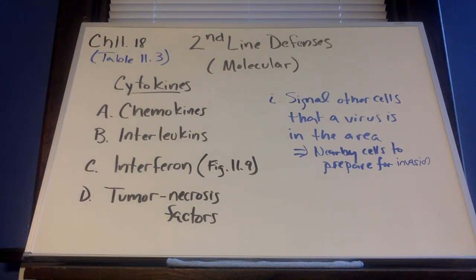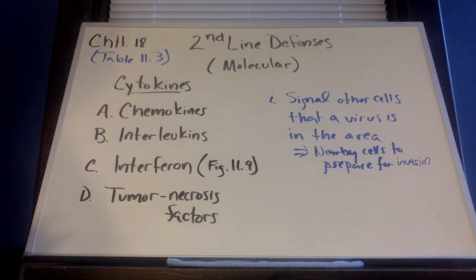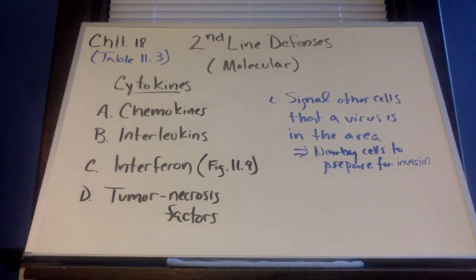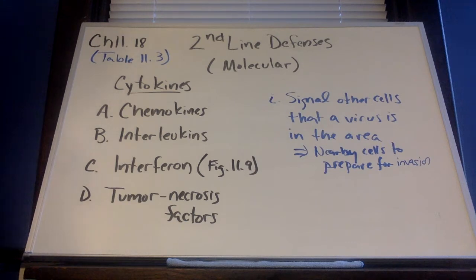It has released an interferon that has been picked up by a nearby cell, and that nearby cell is making molecules that will prevent protein synthesis. If you have molecules or proteins that will prevent protein synthesis, then a virus cannot make its capsid. And if a virus cannot make its capsid, then you have defeated it.